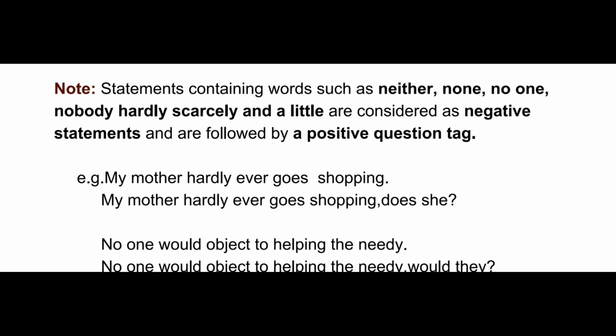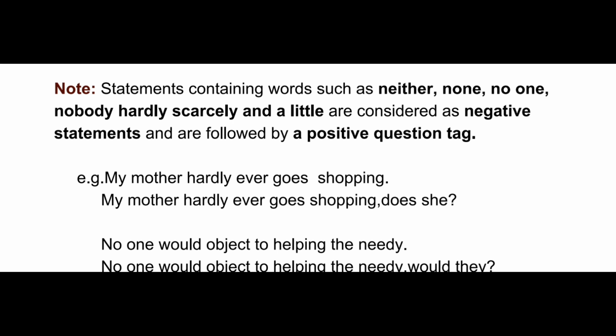My mother hardly ever goes shopping. Hardly looks positive, but actually it creates a negative sense in the sentence. So if the negative sense is given, then our question tag is positive. So, my mother hardly ever goes shopping, does she?